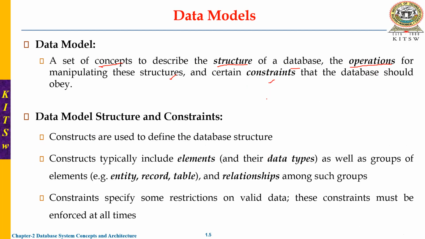Constructs are used to define the database structure. Constructs typically include elements and their data types, as well as a group of elements, that is, an entity, record, or table, and relationships between entities among such groups.